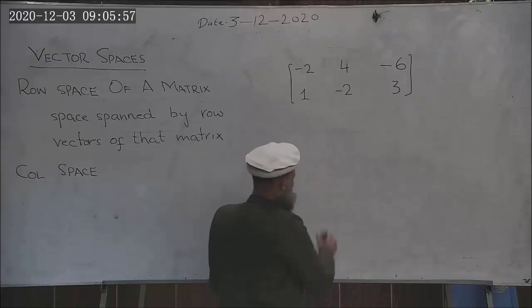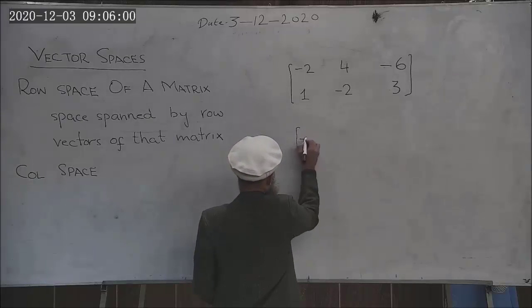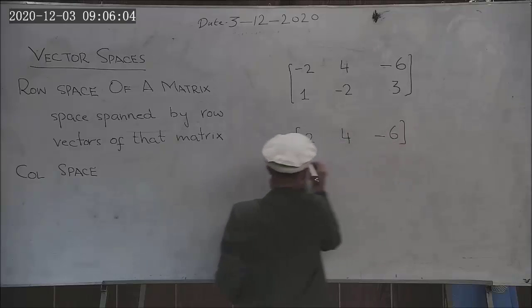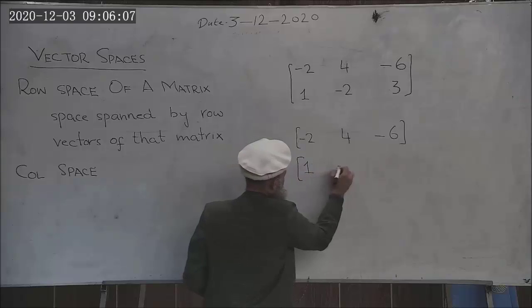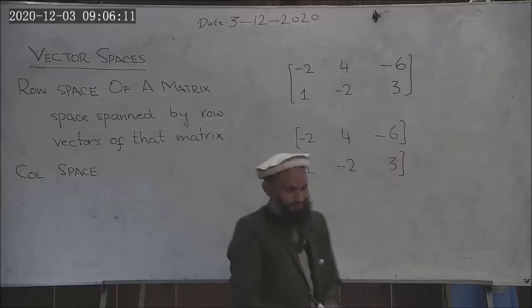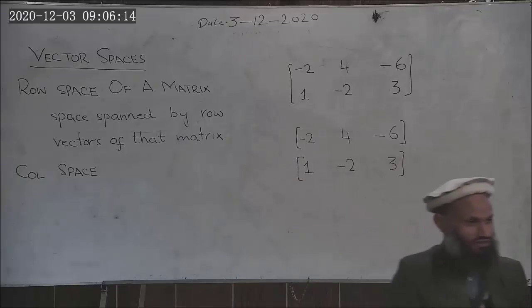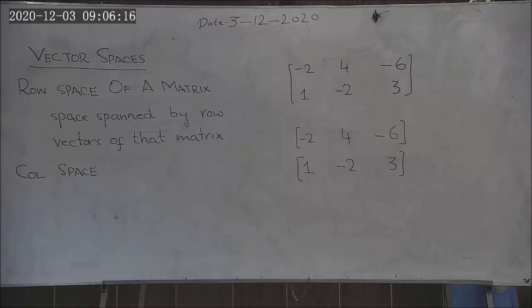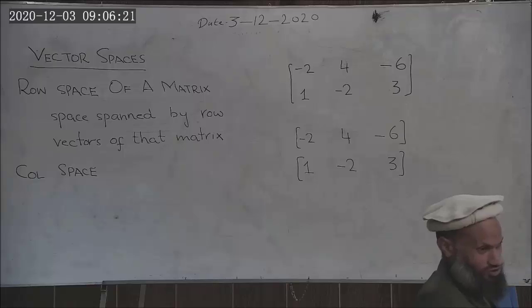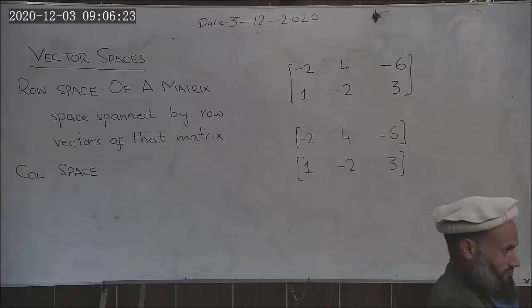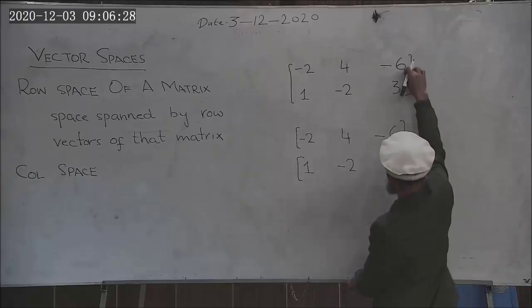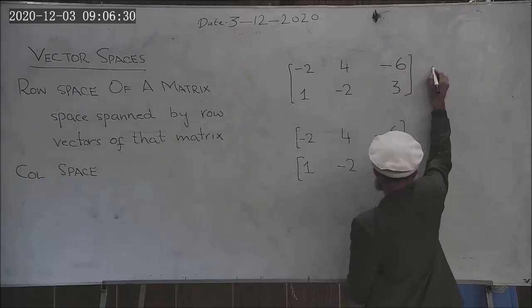The space spanned by these row vectors. Here is one row vector, here is another row vector, and the space spanned by these row vectors is the row space, right? And what is the dimension of that row space? It is one dimensional because these two vectors are not linearly independent.